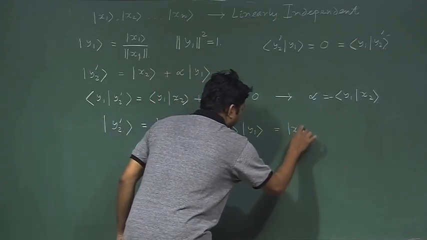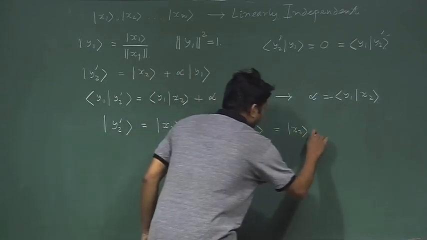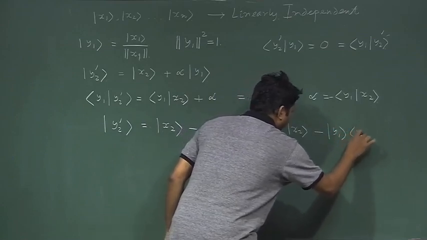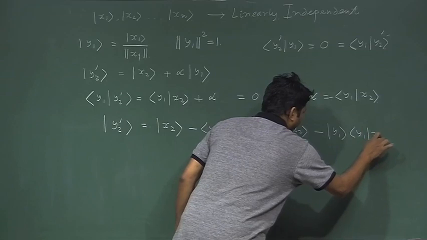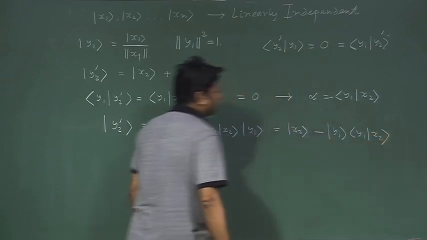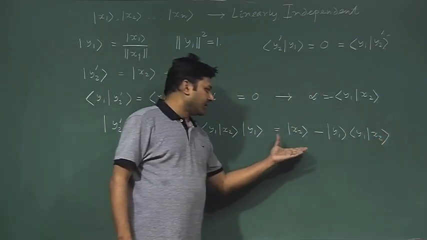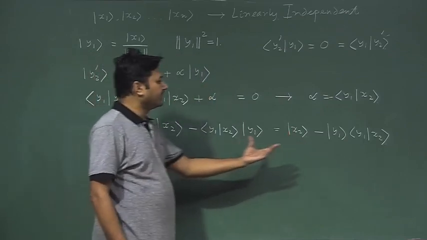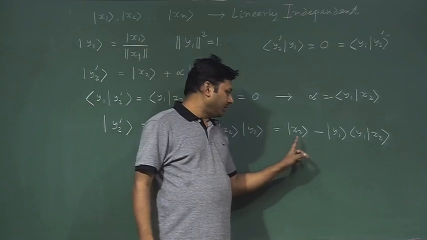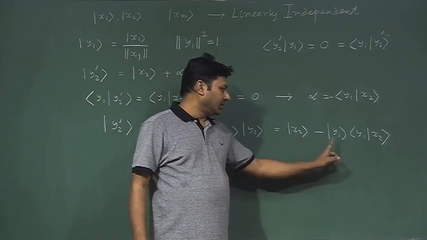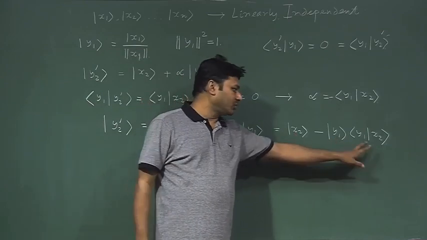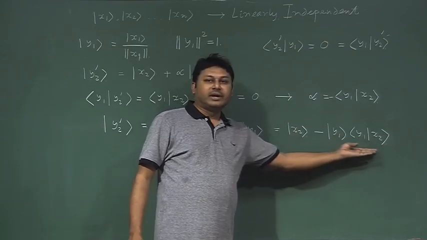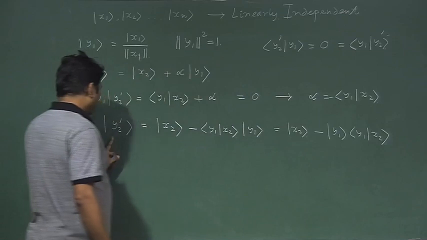Let me write that, and then I will explain why I am writing these things. So this is the vector. If you look at the right hand side, you will find all the values are now known. x2 is given, y1 I have already generated, and this quantity I can generate. So overall it gives a vector which is known, and this is my y2.